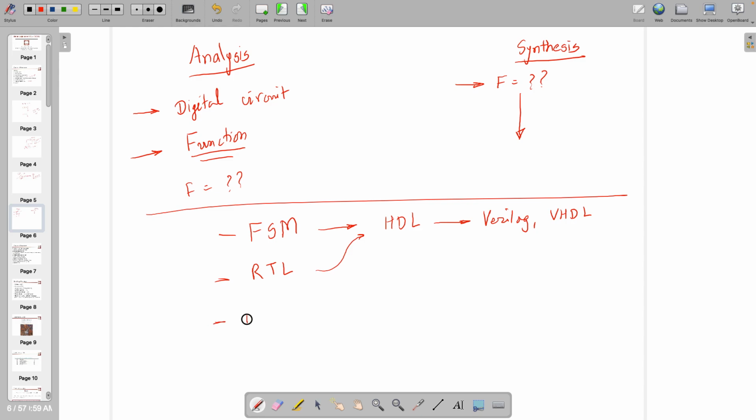FSM is also a kind of behavioral modeling. So you write the behavioral model in HDL, and this Verilog is going to synthesize the circuit, and that will be burned in an FPGA board before you finally send it for the chip fabrication process. So before making that, you are doing this.